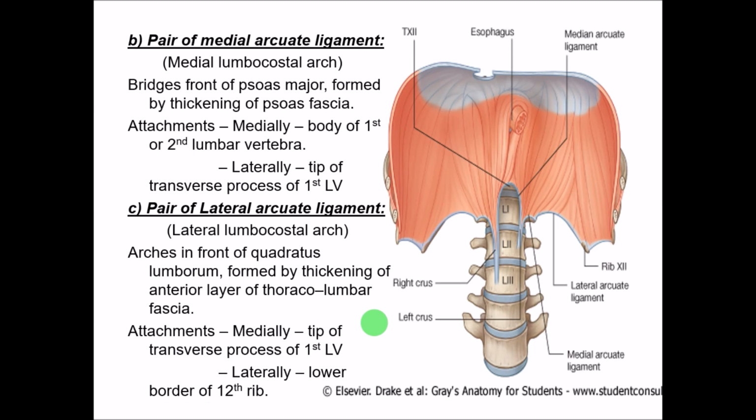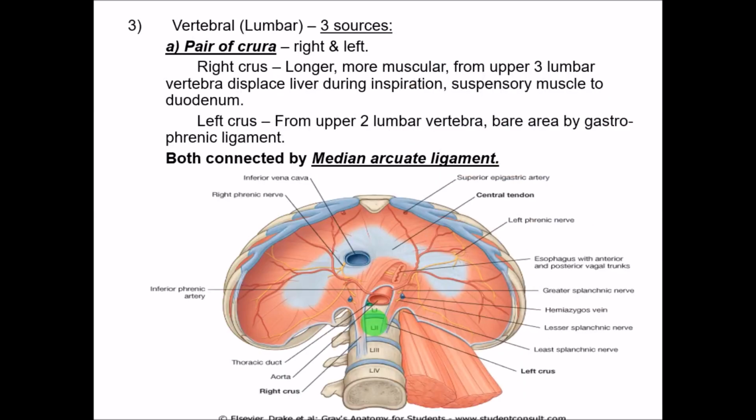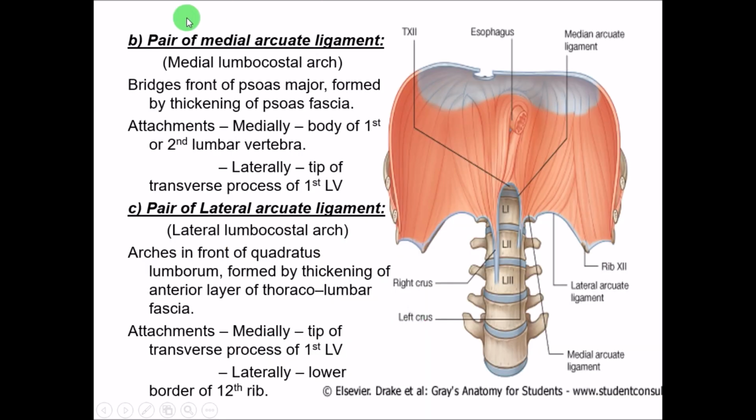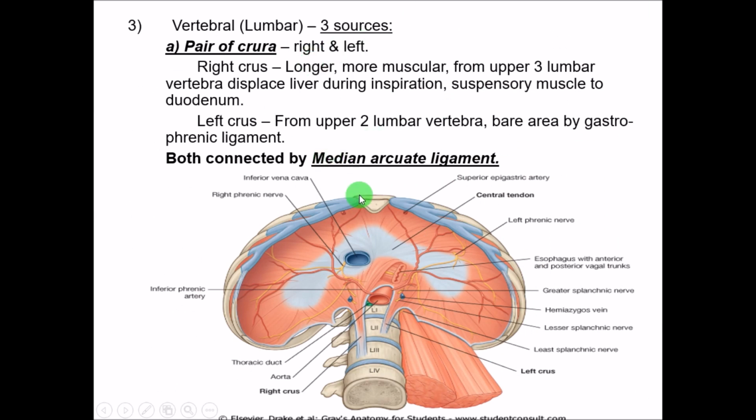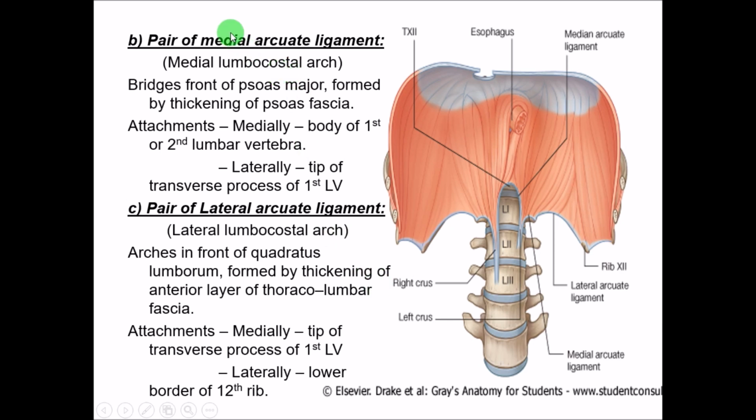Between the two crura, there is the median arcuate ligament. Similarly, lateral to the right and left crus, there is an extension of the same, called the pair of medial arcuate ligaments. Previously it was median, and this is medial.